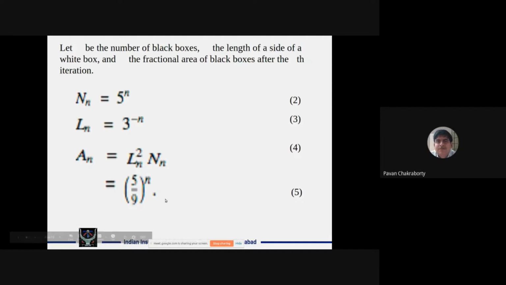As n tends towards infinity, since this is less than 1, this will converge to 0. So basically the total area is getting reduced in this case.